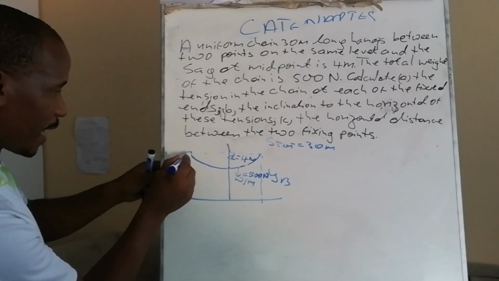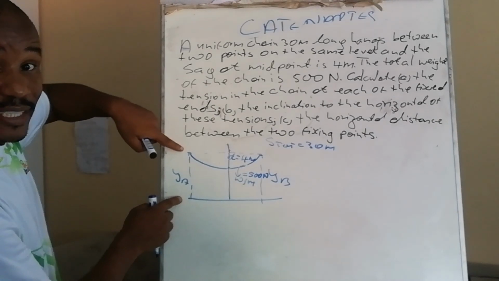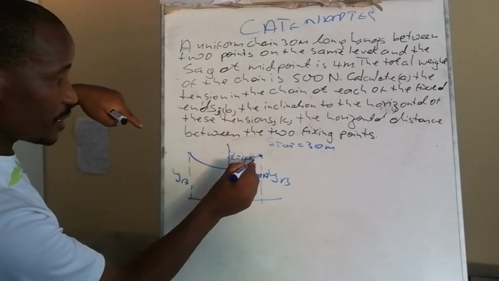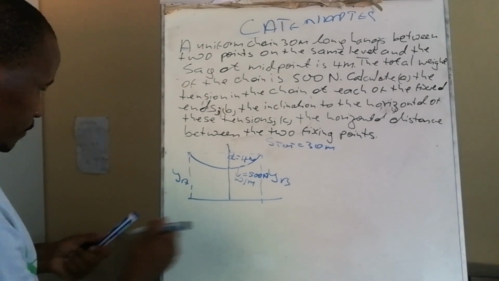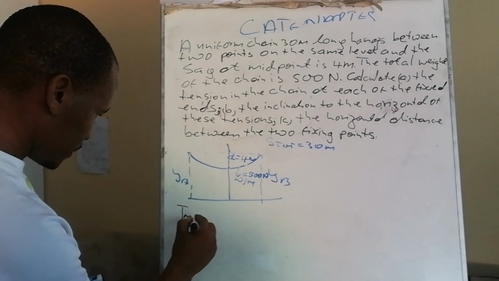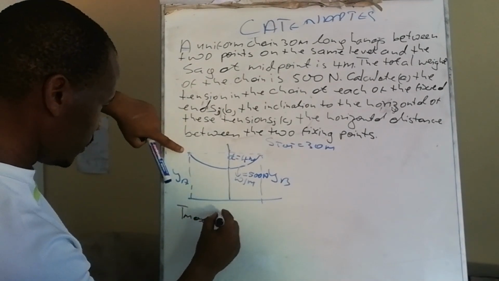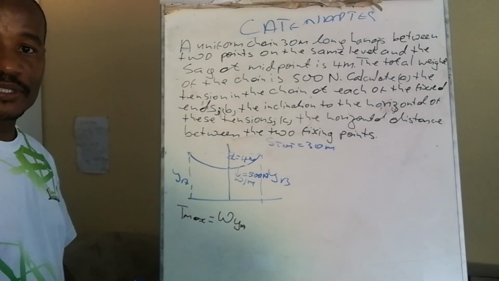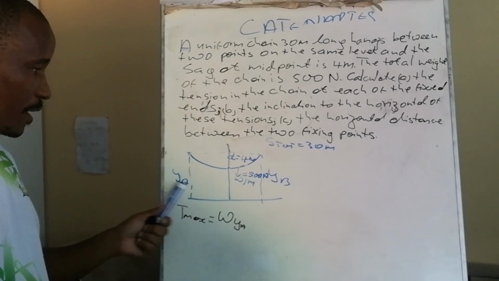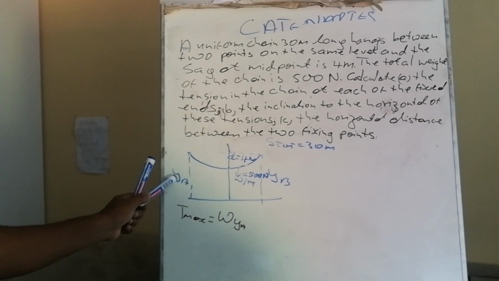The fixed points, guys, these points, meaning they want the maximum tension at each of these fixed points. The maximum tension there is W times YA or YB, meaning they are equal. Now, let's first find YA or YB.